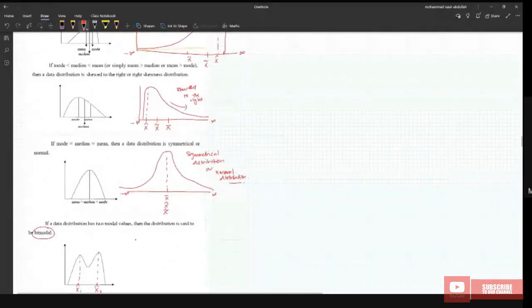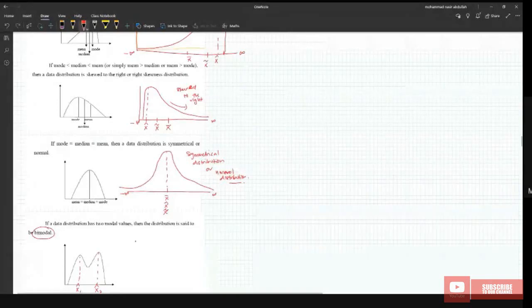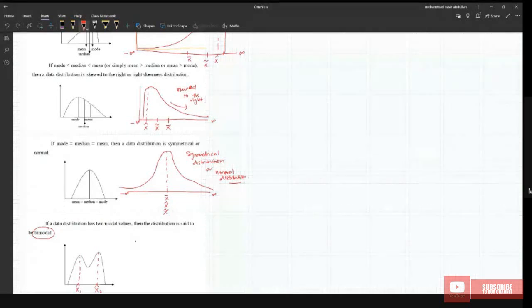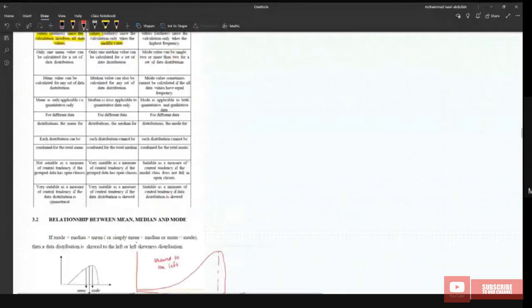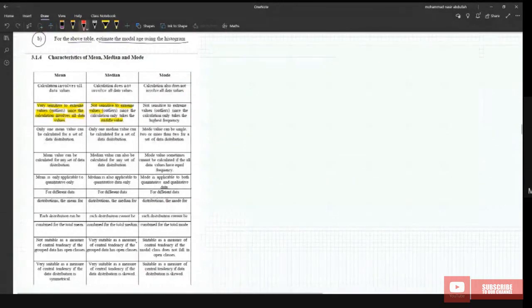We already learned the measure of central tendency. We already learned how to calculate mean for ungrouped data and grouped data. We already learned how to calculate median for grouped data and ungrouped data, and mode for grouped data and ungrouped data. We also know what is the relationship between mean, mode, and median, right? And the characteristic of mean, mode, and median, I need you to read by yourself, right? Understand the characteristic of mean, of median, and of mode.